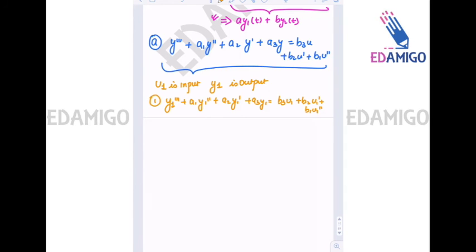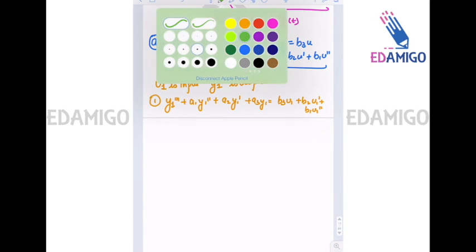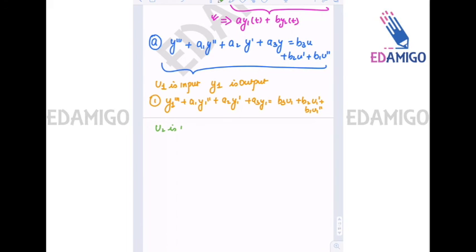So this is equation number 1. Now when U2 is input and Y2 is output, then Y2''' + A1 Y2'' + A2 Y2' + A3 Y2 = B3 U2 + B2 U2' + B1 U2''.